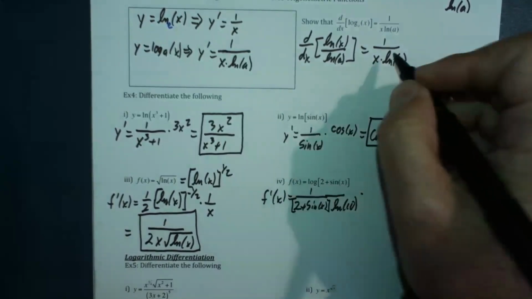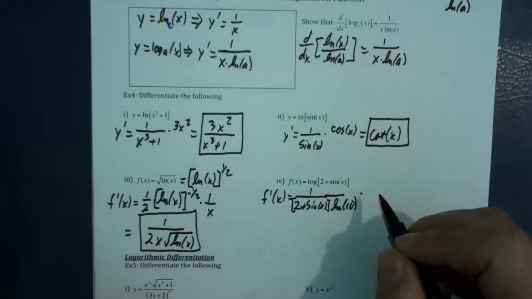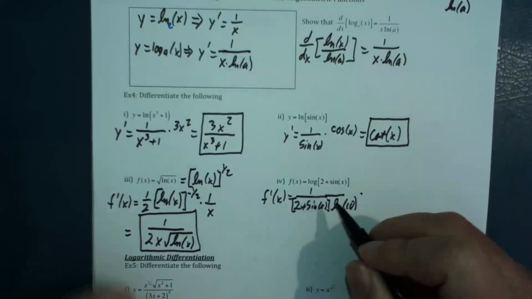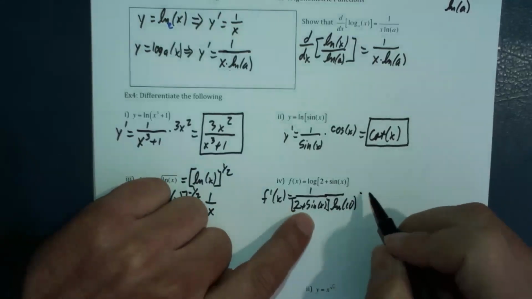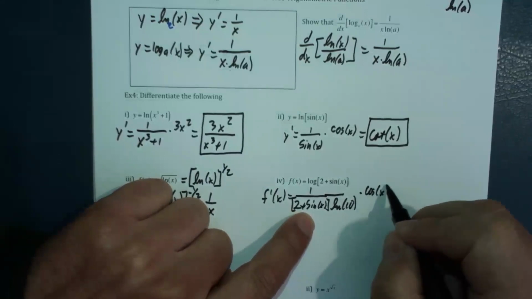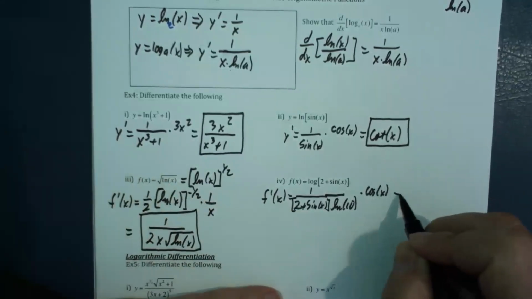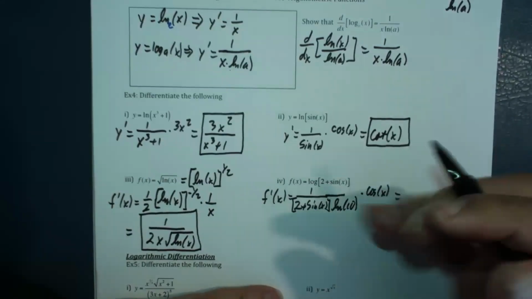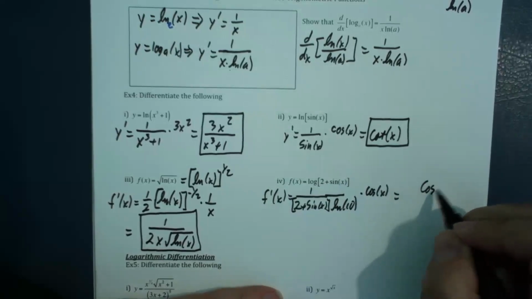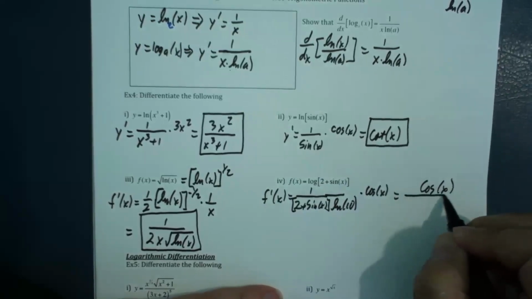So the ln of 10 comes from the rule here. And the derivative of this, derivative of 2 is 0. Derivative of sine is cosine. So overall, we have the cosine of x over all of this.